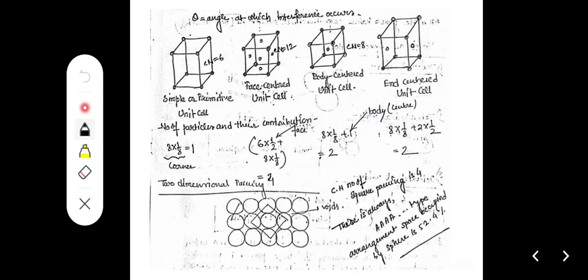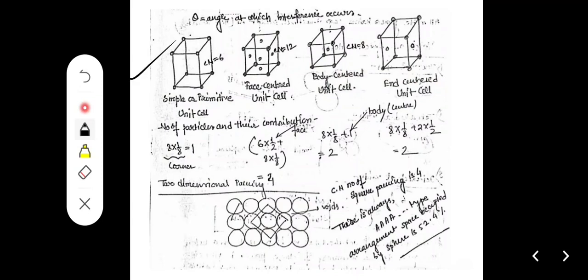Now we consider that there are many types of unit cell. A unit cell means the simplest unit that repeats in arrangement to produce a bigger crystal. There are 4 common types.